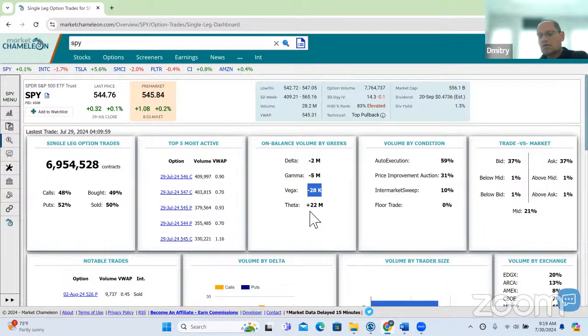So short Vega would indicate more sellers of options. And that's why these kind of match up, which would make sense. Now, this isn't a large Vega, negative 28,000 on balance, which also makes sense because most of the volume is probably in the zero DTEs at the time of the trade.